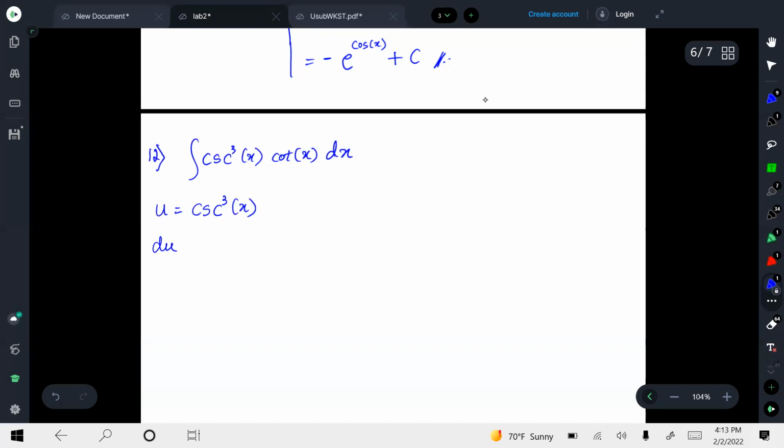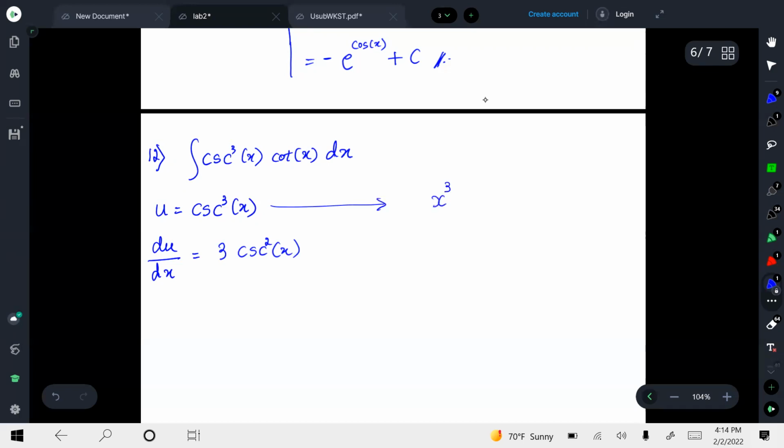Now finding the derivative, du by dx. When you have cosecant cube x, that becomes minus 3 times cosecant of x square. Remember this is like a chain rule.